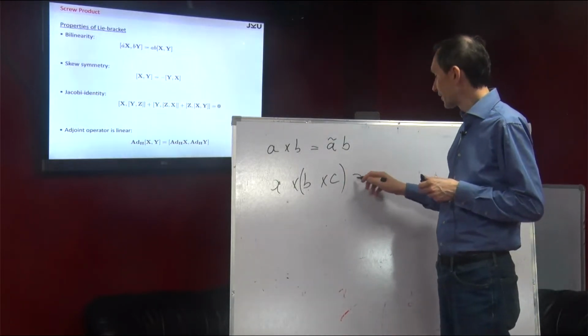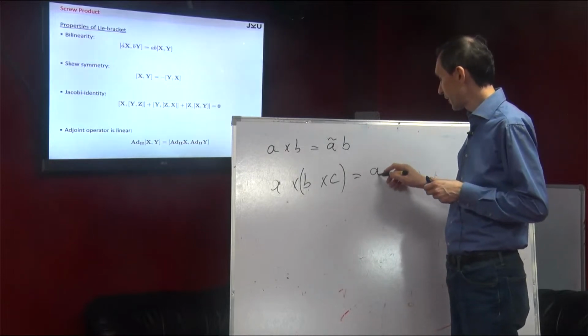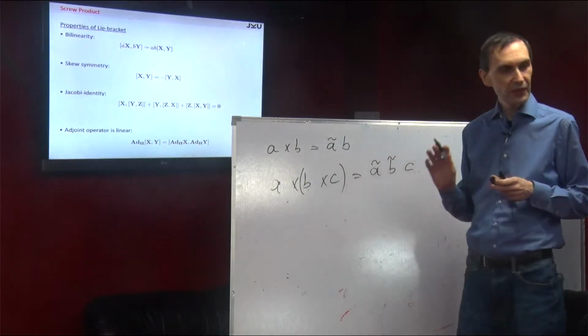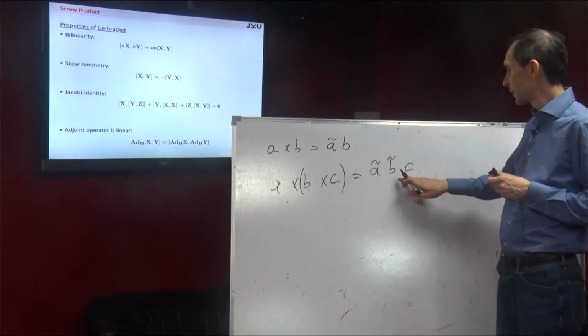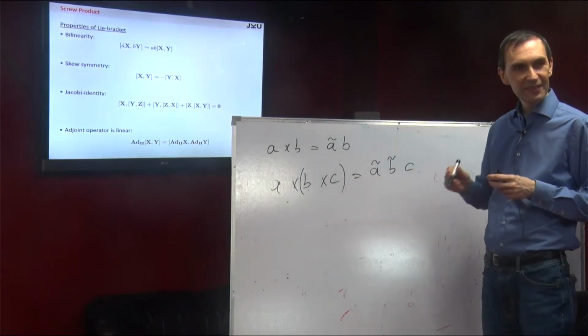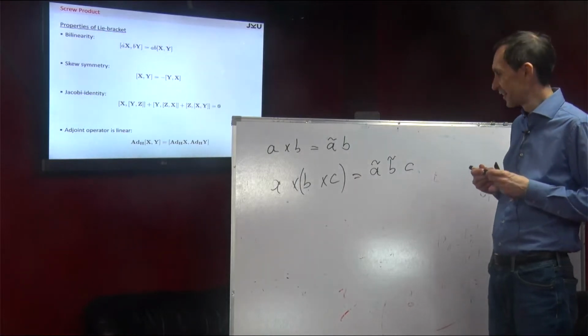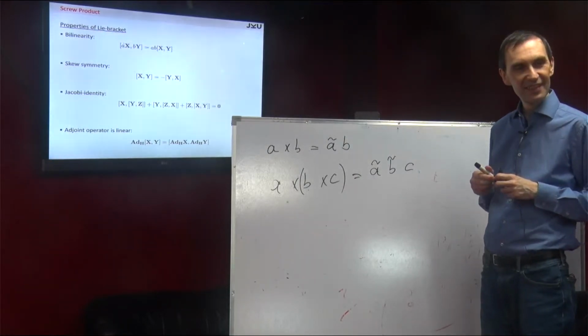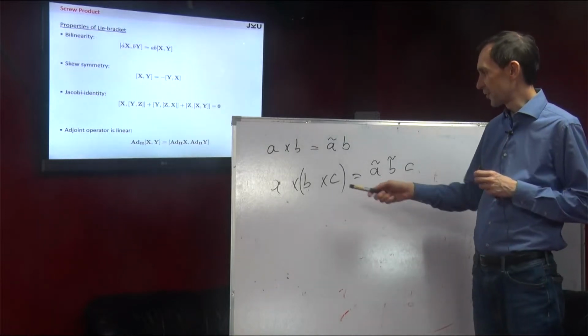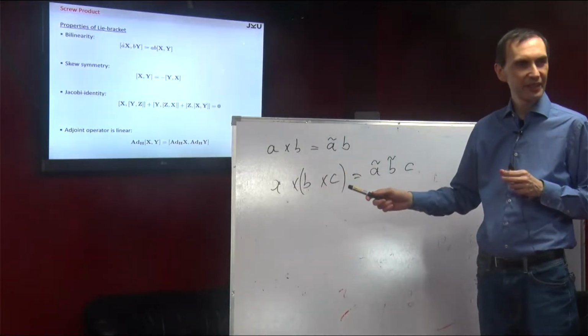Now, when you take the tilde operator, then it's clear because it would be A, B, and C, and you know exactly what it means.